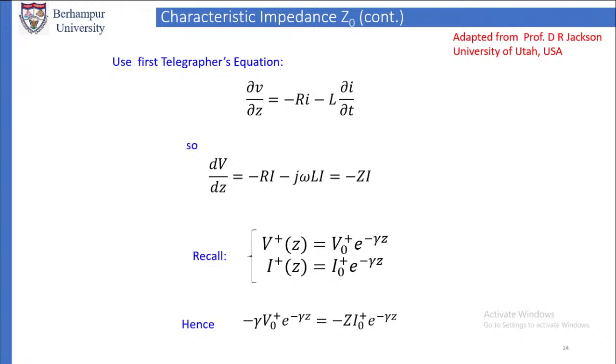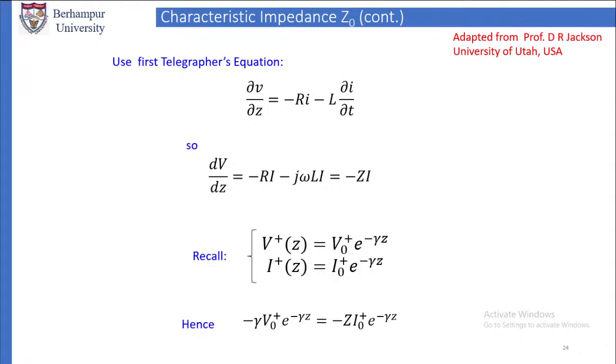Now if I take minus I common, then the remaining part is R plus j omega L, that is Z. So dV/dz is equal to minus ZI. Now remember V plus of z is equal to V0 plus exponential minus gamma z, and I plus of z is equal to I0 plus exponential minus gamma z.